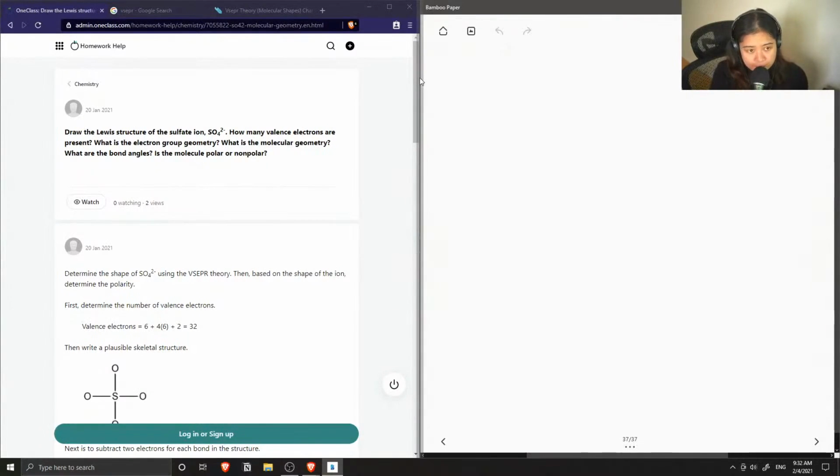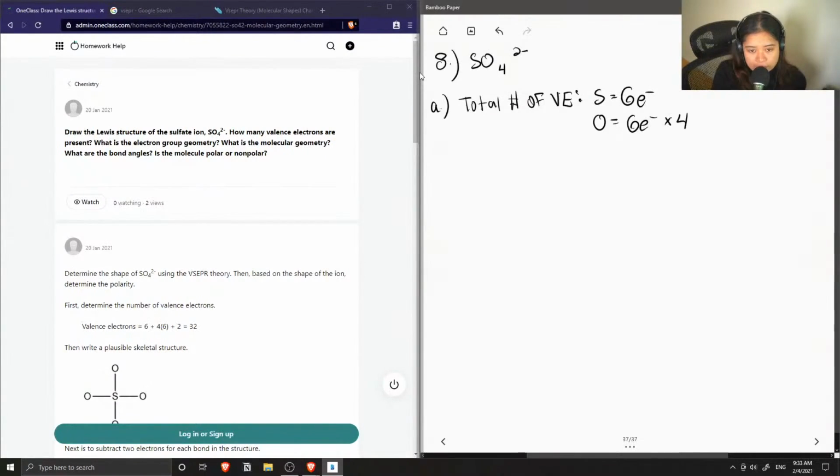Okay, so this is question 8. And we first need to find out the total number of valence electrons for SO42-. So this is part A. Sulfur has 6 valence electrons, and oxygen also has 6, and we have 4 oxygen atoms, so we multiply this by 4.